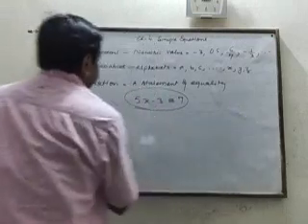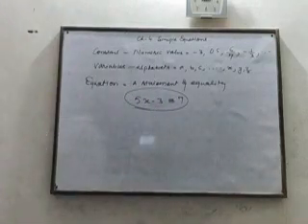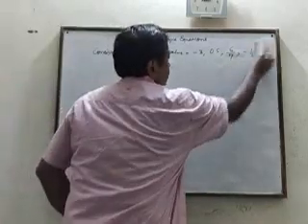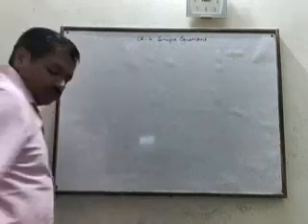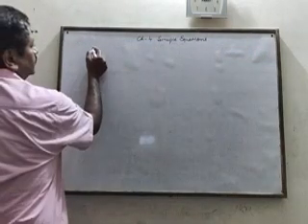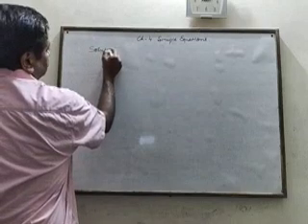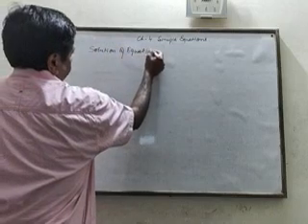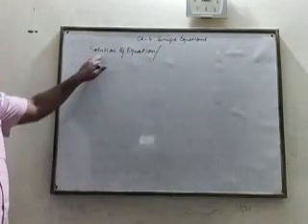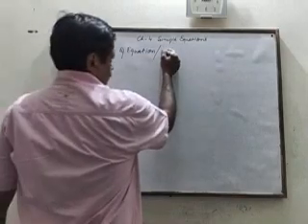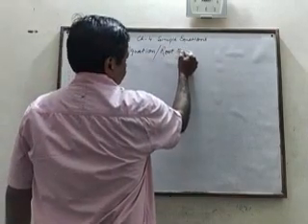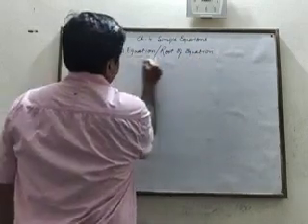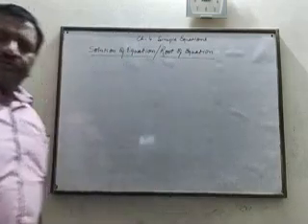Every equation has its own solution. So the solution of an equation, or the second name of the solution of the equation, is the root of the equation. Now what is the solution of an equation or the root of an equation?